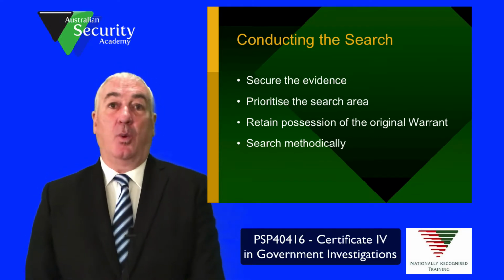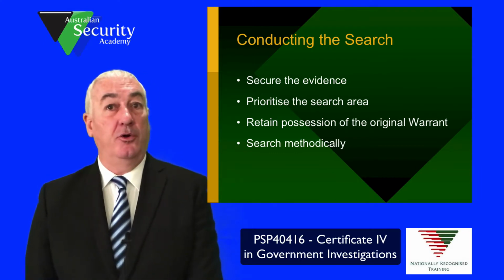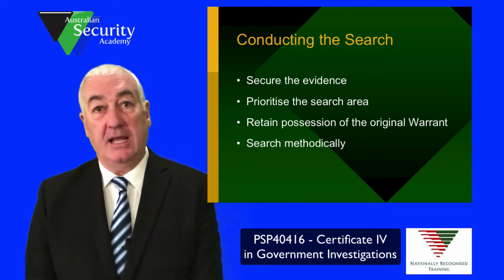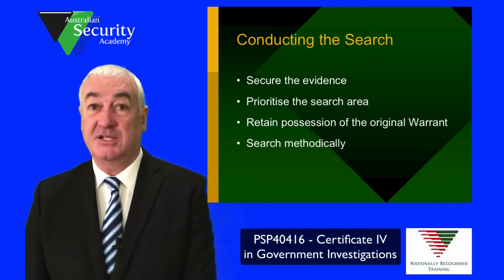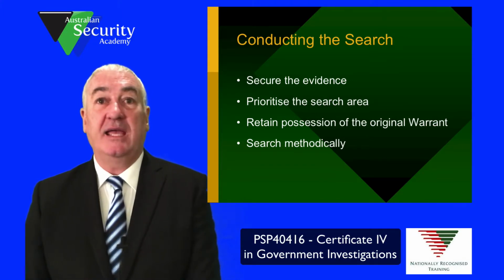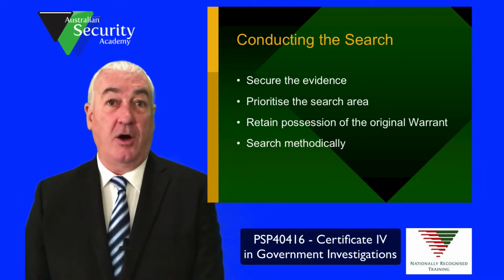After you've executed the warrant, it needs to be endorsed with the name and address of the person on whom the copy was served, together with the name and identifying number of the inspector effecting the execution, after which you will take the executed copy of the warrant back to the court for filing.